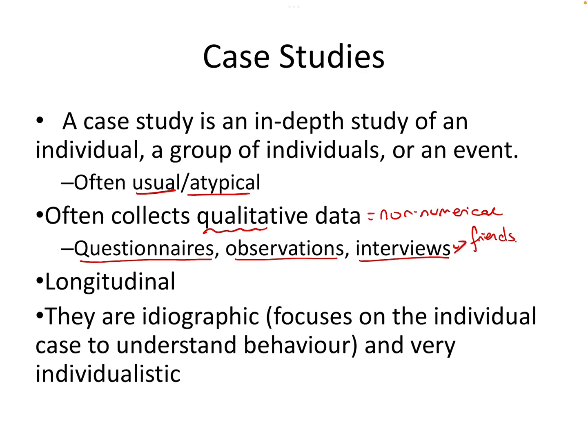We might ask them for information on the individual via interviews, family, etc., schools. So they usually do involve the collection of qualitative data, although not exclusively. Sometimes we might also carry out some experiments on the person as well, and that would lead to collection of quantitative data, data that is numerical.